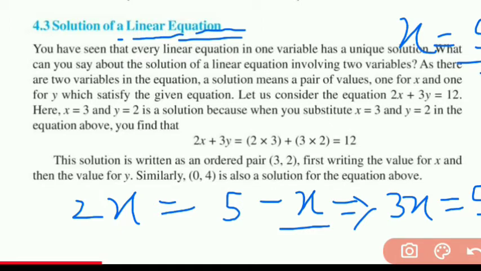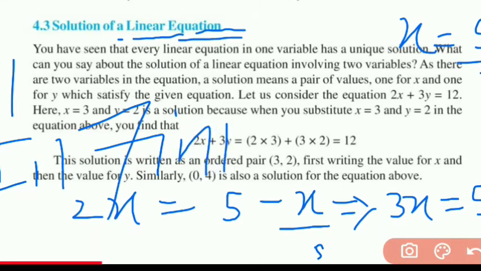But here we are going to study the solution of a linear equation in two variables. One thing more: a linear equation in one variable has a unique solution, meaning only one solution. But a linear equation in two variables has an infinite number of solutions. It means we cannot count them, there are unlimited solutions.